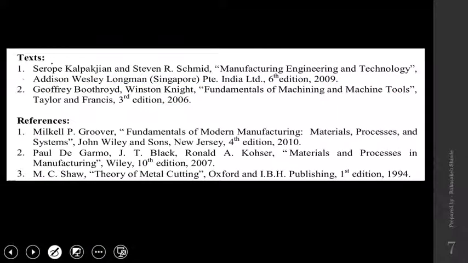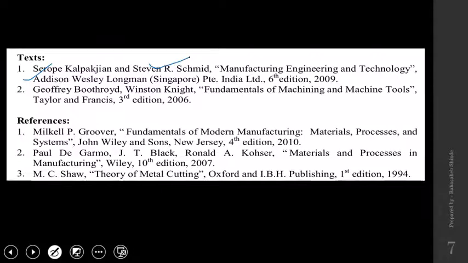And the first one, Manufacturing Engineering and Technology, written by Serope Kalpakjian and Steven Schmid. I have done my postgraduation in manufacturing, so we used to refer to this book as the Bible of manufacturing.